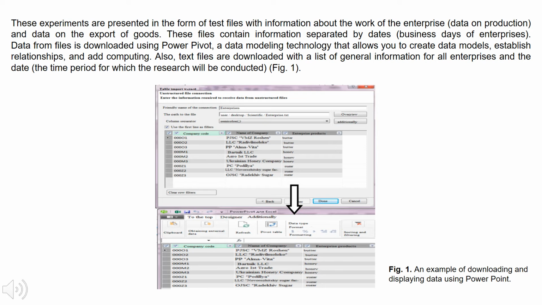Data from files is downloaded using Power Pivot, a data modeling technology that allows you to create data models, establish relationships, and add computing. Also, text files are downloaded with a list of general information of all enterprises and the date, the time period of which the research will be conducted. Figure 1. An example of downloading and displaying data using Power Pivot.